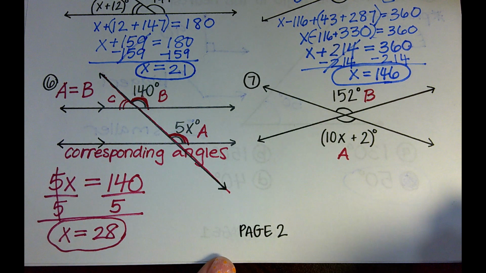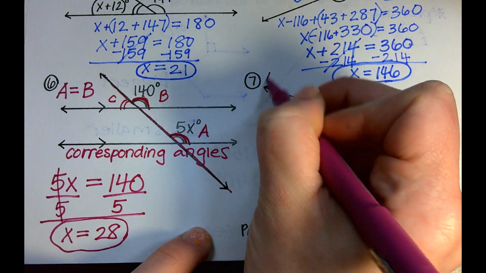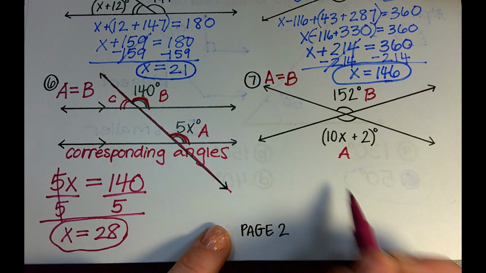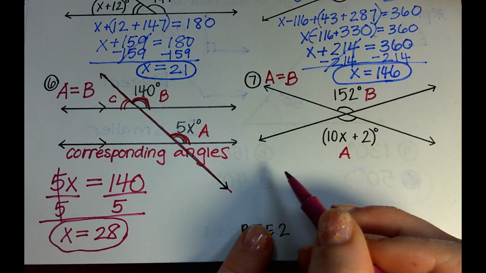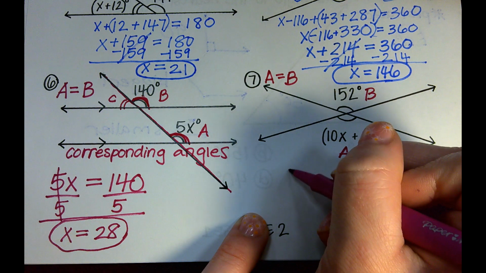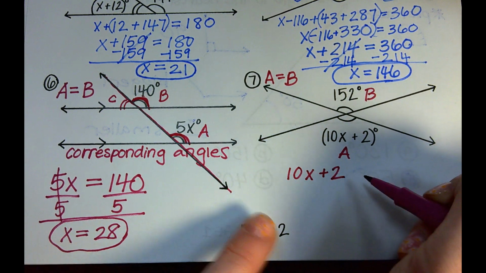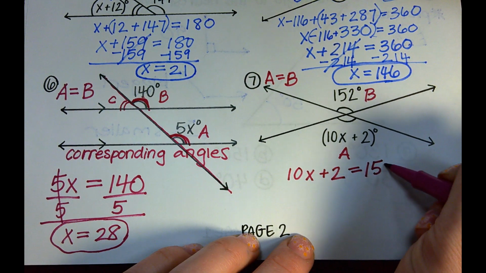So what equation can I write? A equals B, same as number 6. And what would I write with all my numbers and variables? 10x plus 2 equals 152.